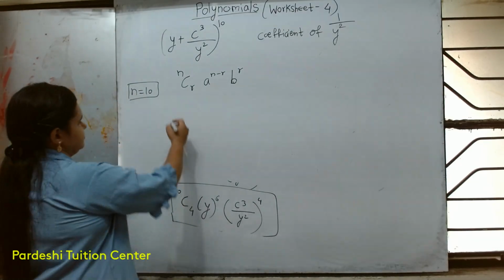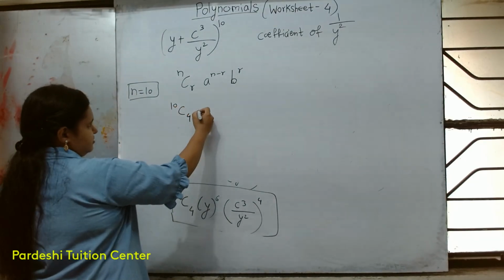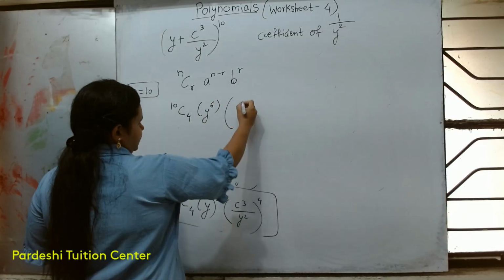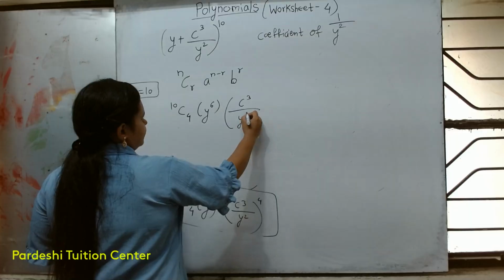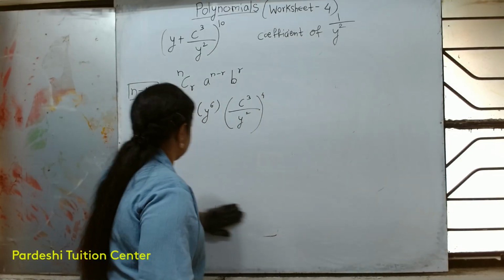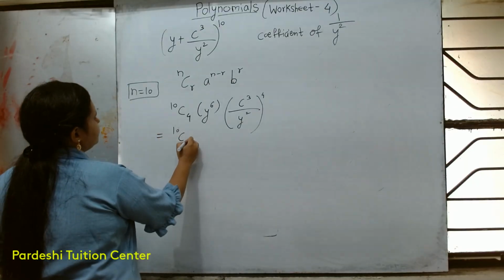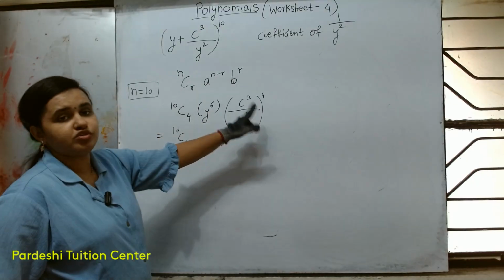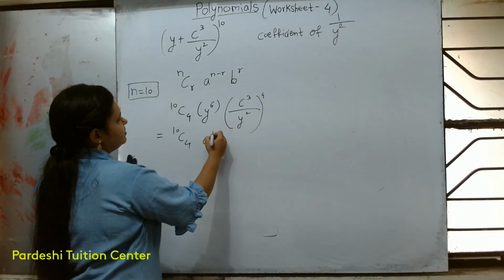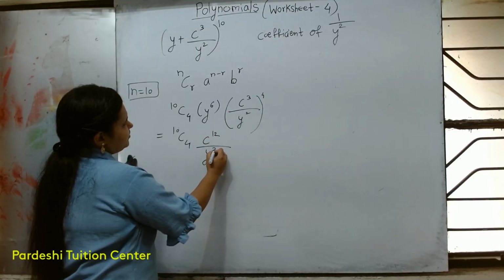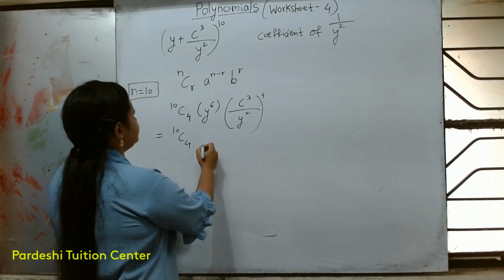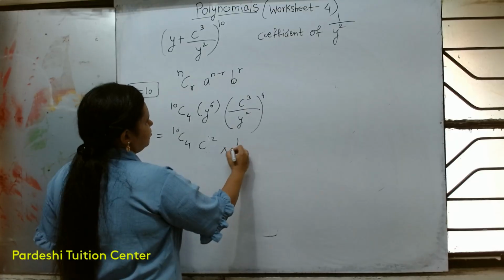Now 10c4 y to the power 6 and c cube y square to the power 4. So it will be 10c4 and y to the power 6 and y to the power 6 will get cancelled, and what is remaining? c to the power 3 4 12 upon y to the power 2. We can also write it as c12 into 1 upon y square.